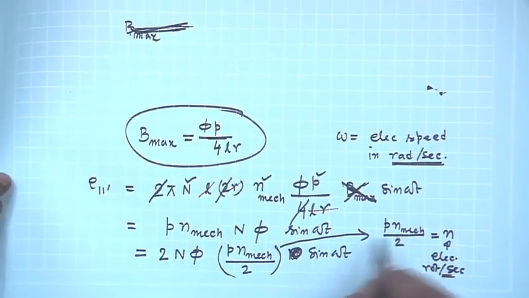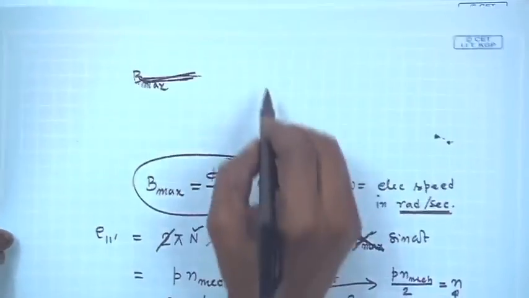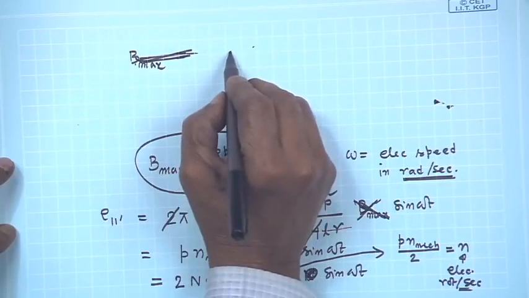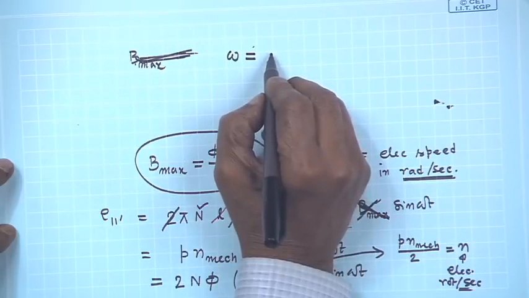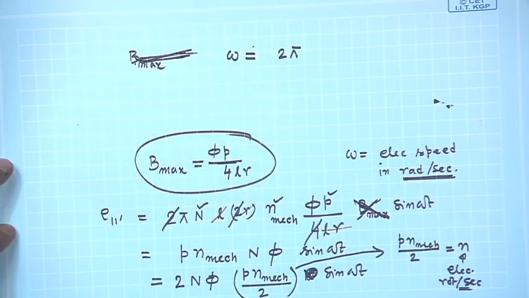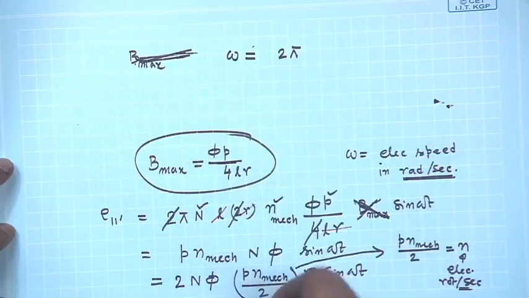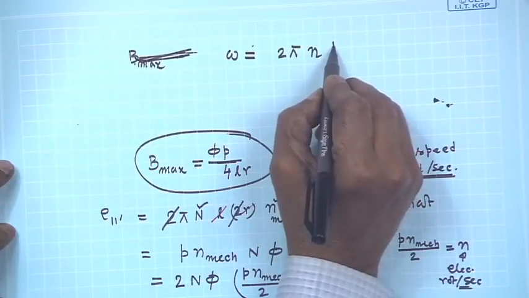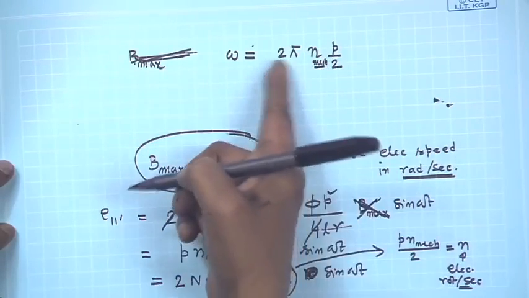Now, P n mechanical can be expressed like this. Omega can be related with the mechanical speed as 2 pi n into P by 2, in radian per second.